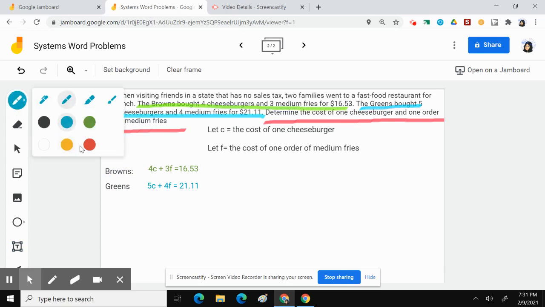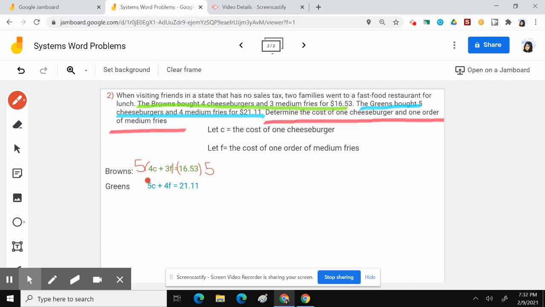In order to do so, I'm going to multiply both the top and the bottom equation. If I look at the first term, my 4C, I want it to cancel with the 5C. So my 4 is missing a 5. And what I do to one side of the equation, I have to do to the other.